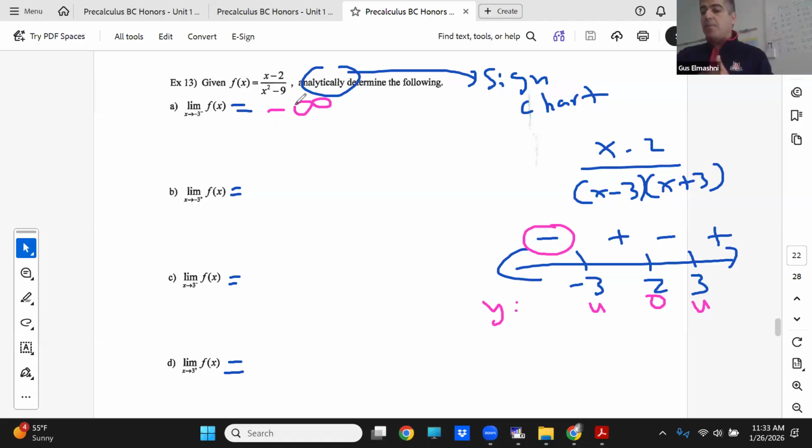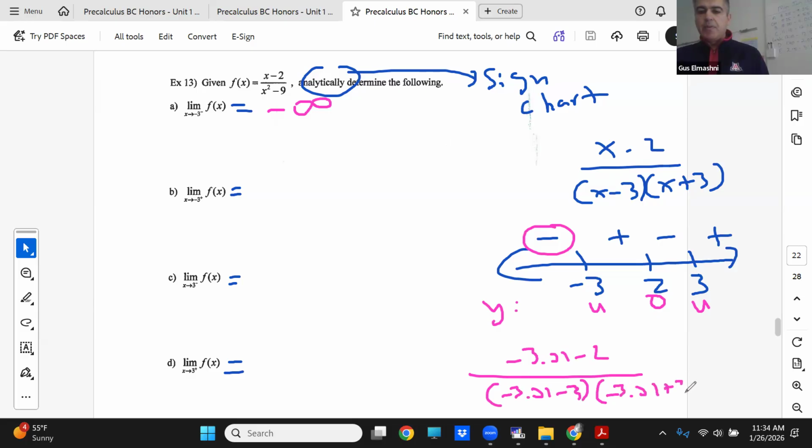You could plug in for yourself. If you plug in -3.01, let's do -3.01: (-3.01 minus 2) over (-3.01 minus 3) times (-3.01 plus 3). What do you wind up getting? -5.01 over -6.01 times -0.01.